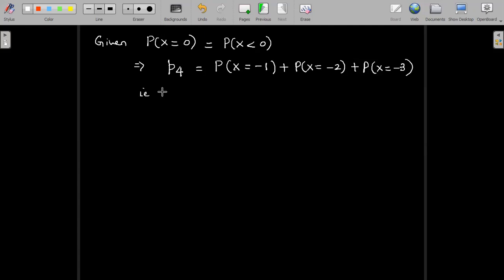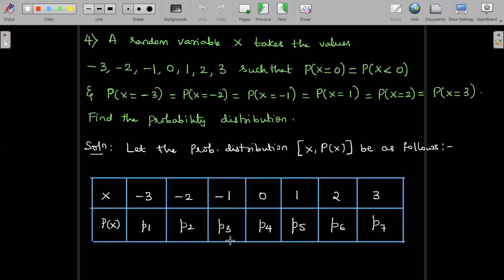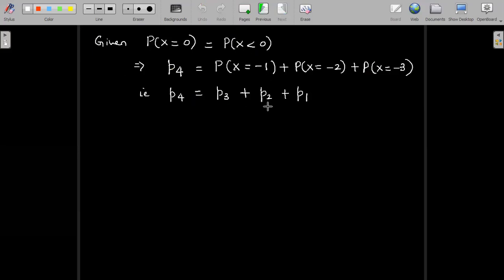They are respectively P3, P2, and P1. Let's check that once. X equal to -1 is P3. For x equal to -2, we have assumed the probability as P2. For x equal to -3, we have assumed the probability as P1. So the same thing we have written. This is one of the equations which is going to help us in future, so let me call this equation 1.